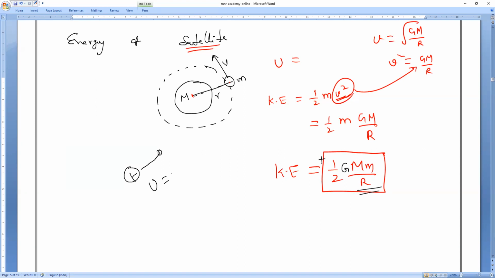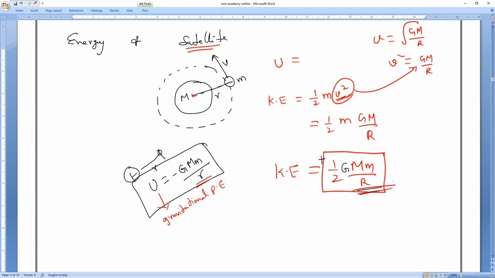The potential energy is minus G into capital M into small m divided by the distance between the two bodies from the centers, which is r. Am I right? So this is the gravitational potential energy between the two bodies, and this is the kinetic energy.